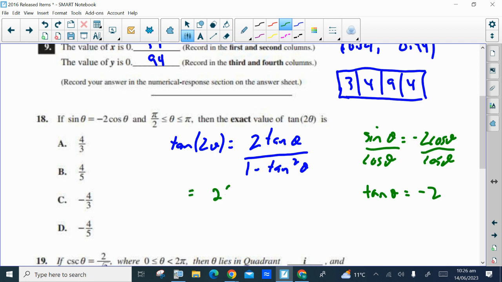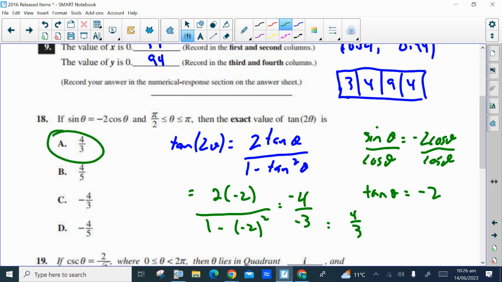So this will be 2 times tan theta, but tan theta is negative 2, over 1 minus the tan of theta, which is negative 2, all squared. So that'll give us negative 4 over 1 minus 4, which will be negative 3. When you square negative 2, you'll get positive 4. So it's 1 minus 4, which is negative 3, and then negative divided by negative is a positive. So that's why A was the correct answer.